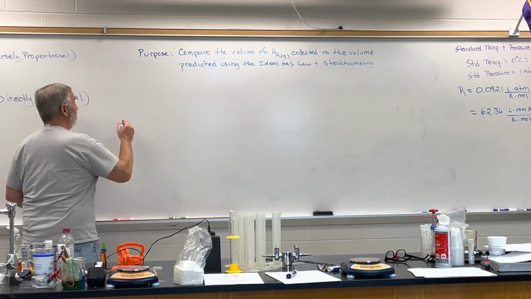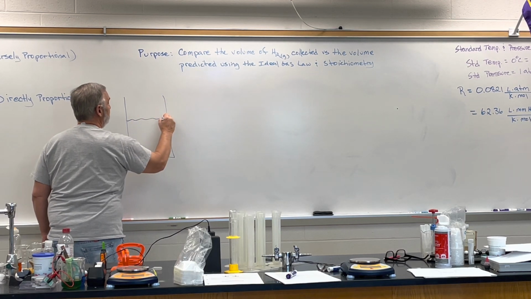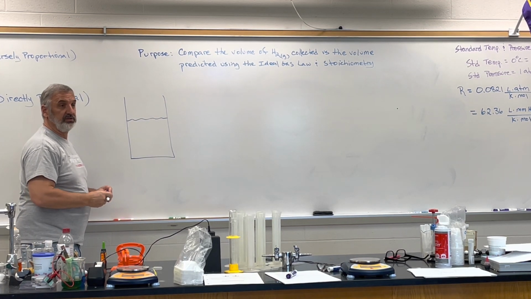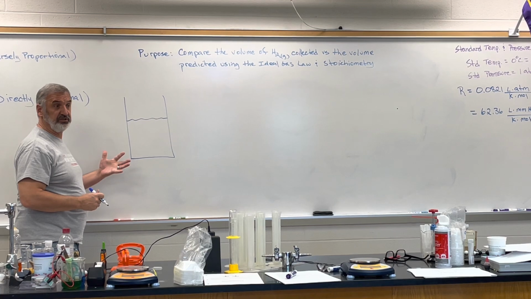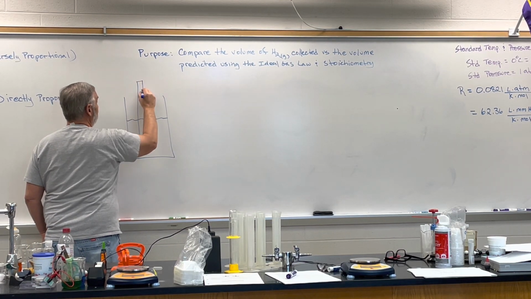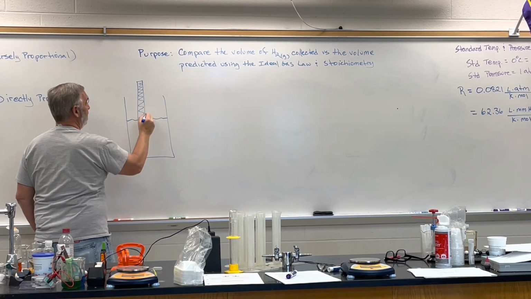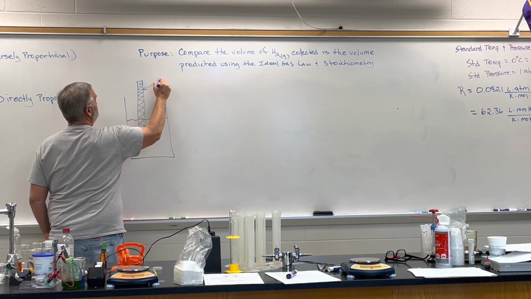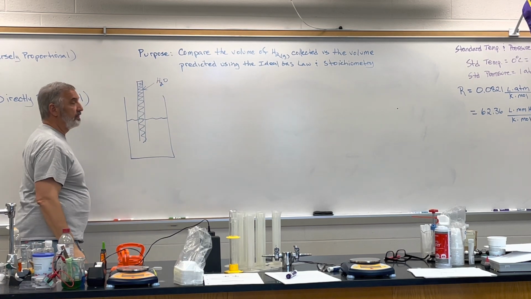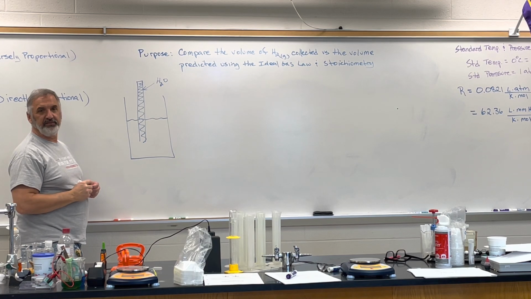Now remember, for those of you that weren't here, we had a big 2-liter beaker, half full of water or so. Then we put that tall gas collecting tube full of water into this, so it's full of water. But it's not really completely just water, right?